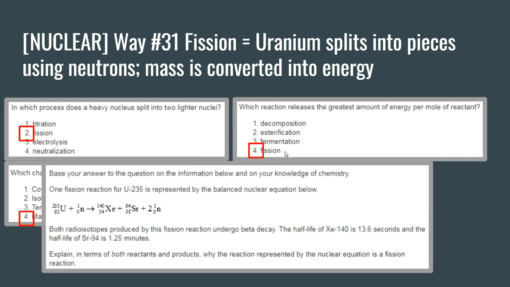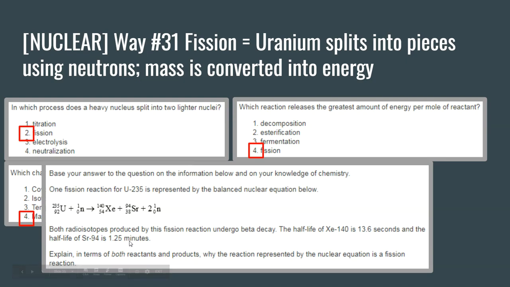One fission reaction for uranium-235 is represented by the balanced nuclear equation below. Uranium-235 plus a neutron produces xenon-140 plus strontium-94 plus 2 neutrons. Both radioisotopes produced by this fission reaction undergo beta decay. The half-life of xenon-140 is 13.6 seconds, and the half-life of strontium-94 is 1.25 minutes.